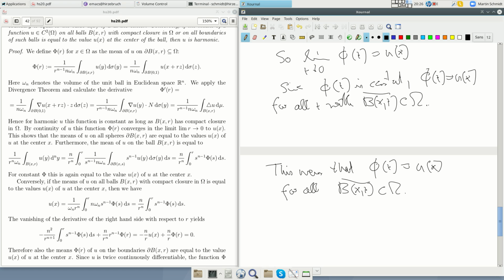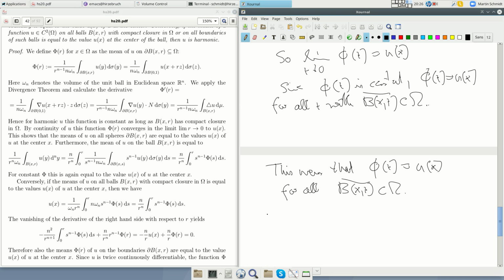Whenever the closure of this ball belongs to omega, then phi of r is equal to u of x. So we started with the assumption that the means over the balls are equal to the values at the centers. And we obtained that the means over the boundaries of the balls are equal to the center.